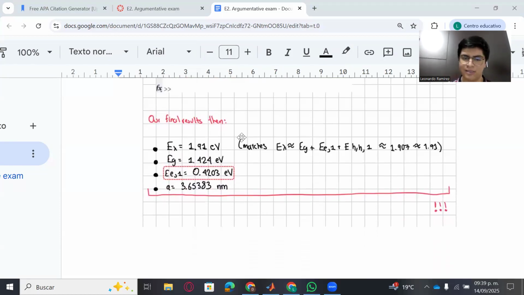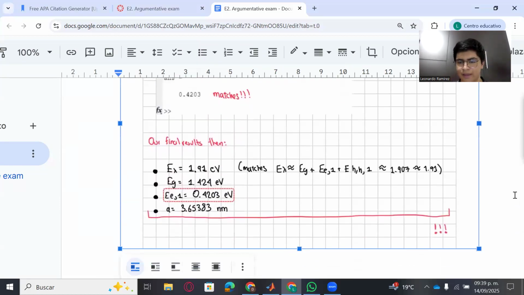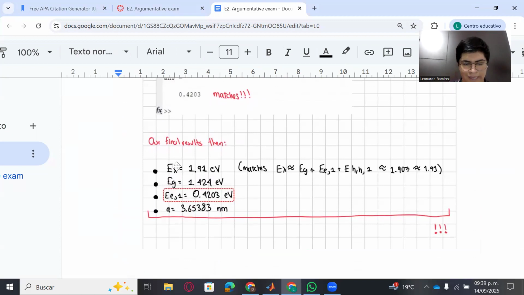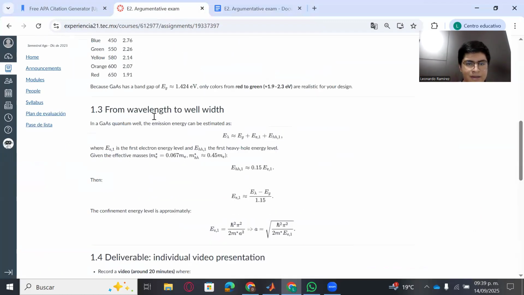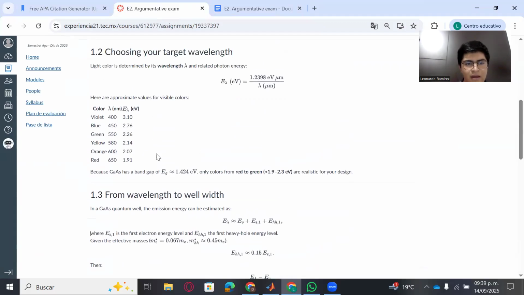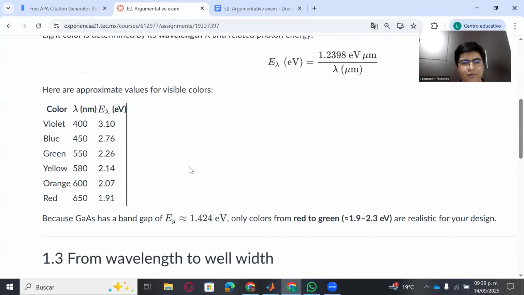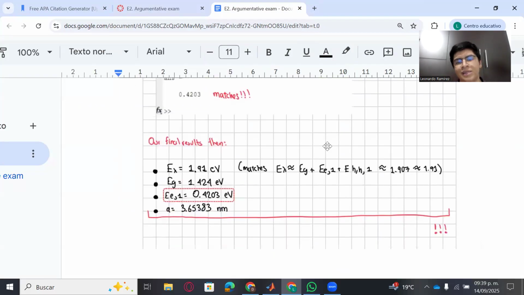So our final results are the following. We can see that this was already given. The energy of the related photon was already here in eV, but using the approach, we see that it's close enough, so we are doing well. Then this was already given.